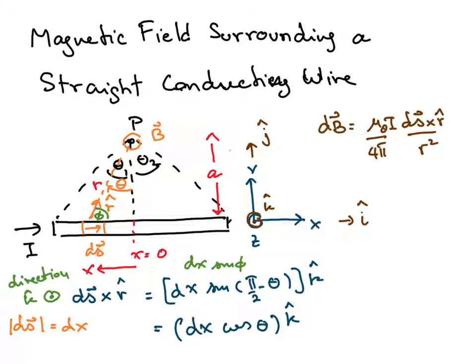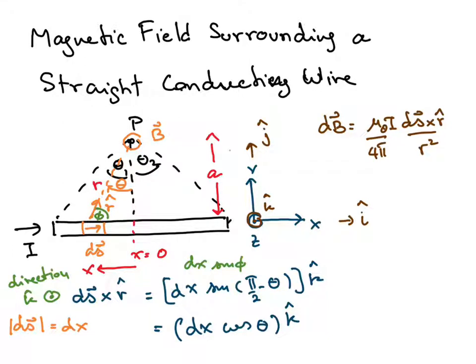And from the trigonometric identity, we have that sine of π over 2 minus θ is equal to cos θ. So we can write that ds cross r is equal to dx, which is the length of this segment, times cos θ times k.